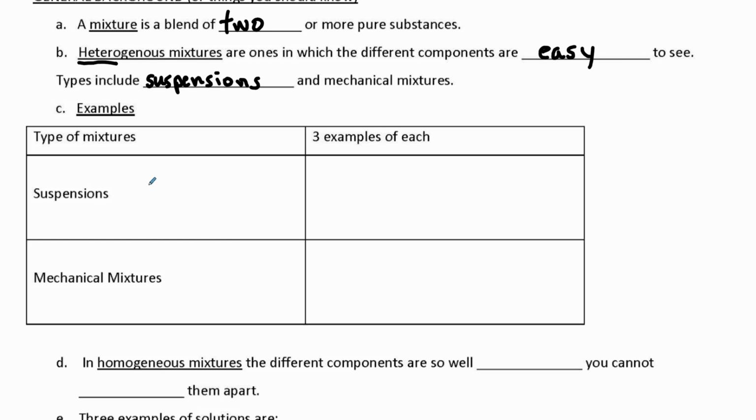So let's talk about a suspension. Three examples of suspensions: one would be, let's say, flour and water. What makes that a suspension?